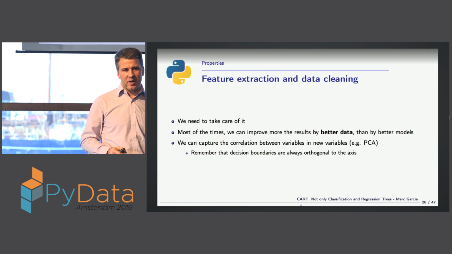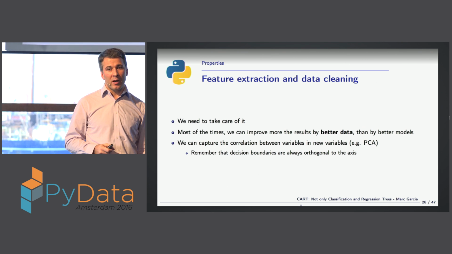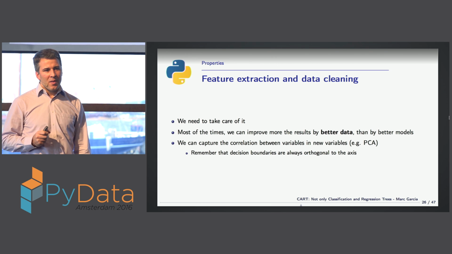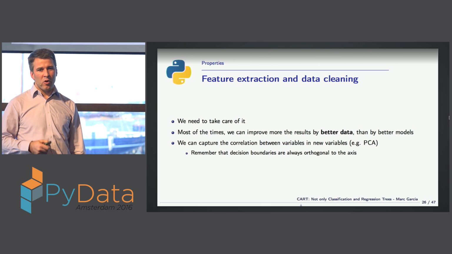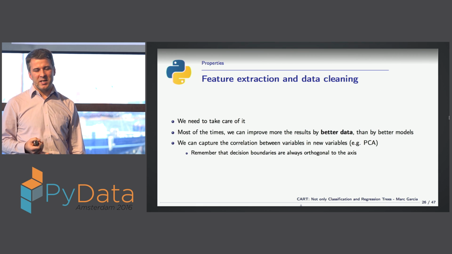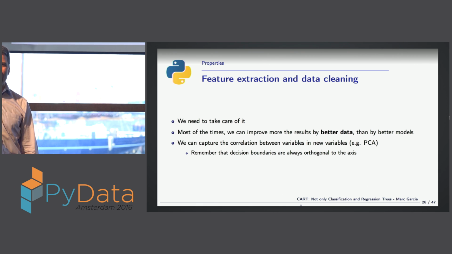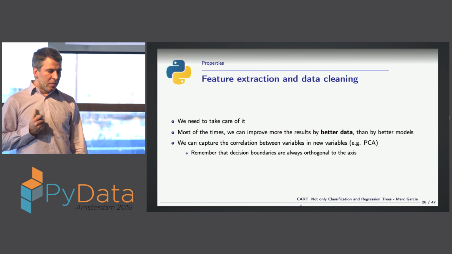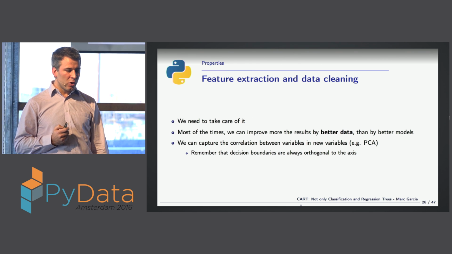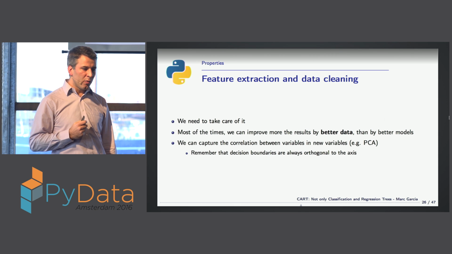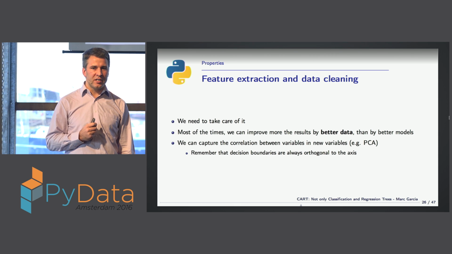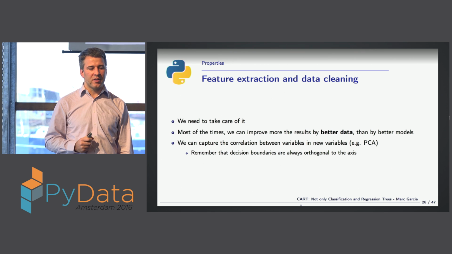In some cases, these models provide really good value, but for many problems, the reason we don't have better accuracies is basically that the data is noisy and we don't have the right variables. So at some point, we need to take care of this, and decision trees are not helping.